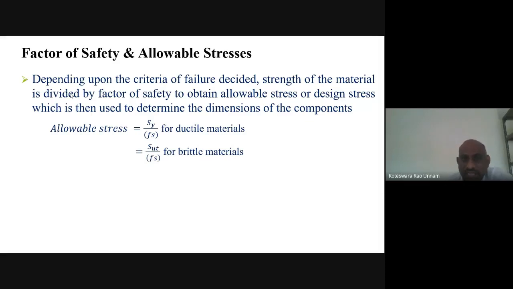Or, if you want to design the component, you need to equate this allowable stress to the individual stress. Based on that, you can calculate the dimensions of the component. This design stress is used to determine the dimensions of the component. That means we take the allowable stress value, equate it to the individual stress value, and based on that equation, we find the dimensions of the component. Okay, this is how design can be carried out.